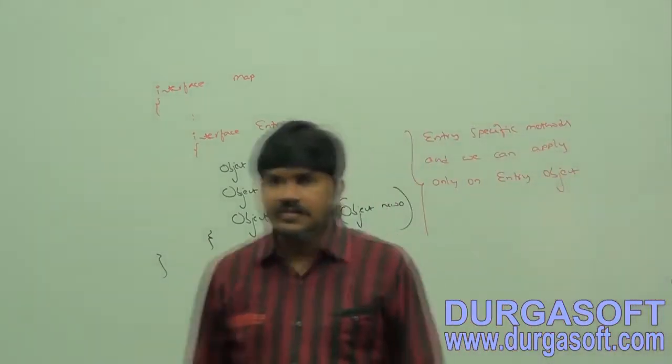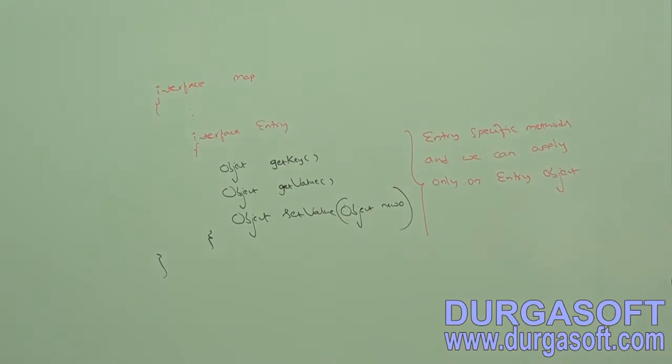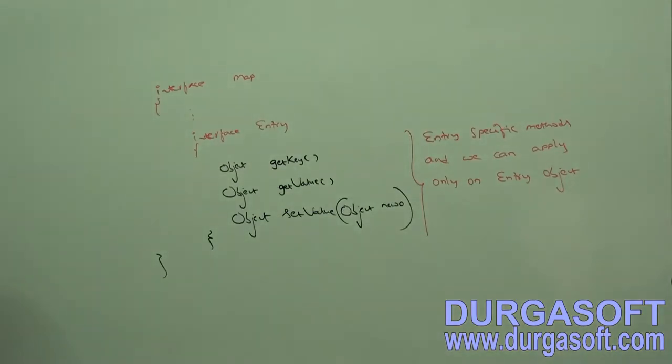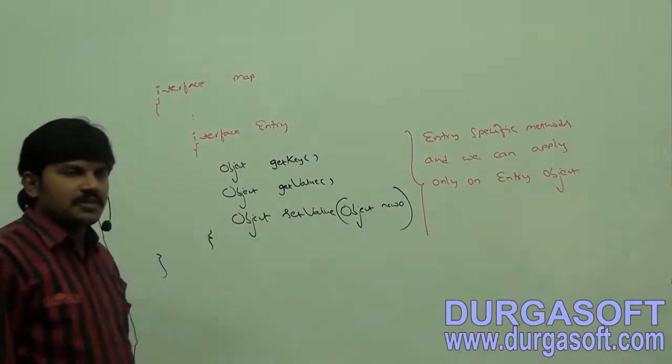Can I complete it, right? Interface Map, interface Entry, getKey, getValue, setValue: entry specific methods, and we can apply them only on the entry object.